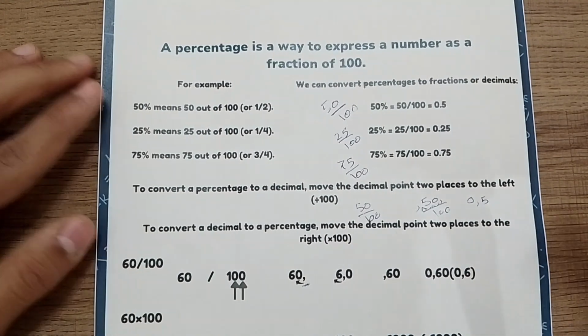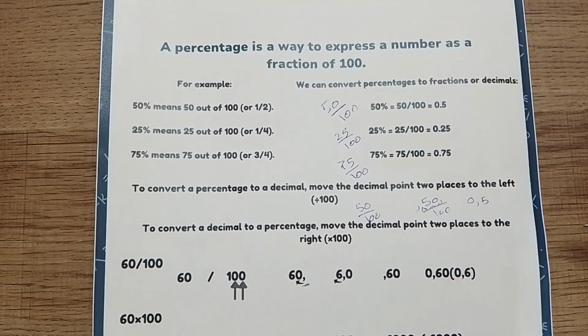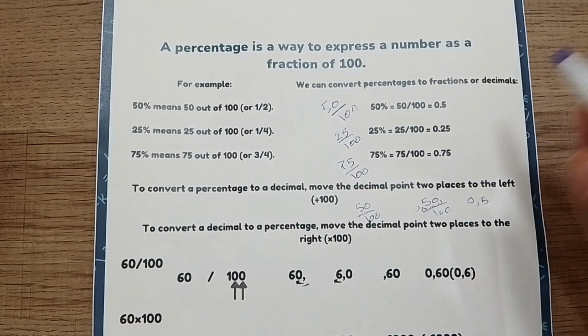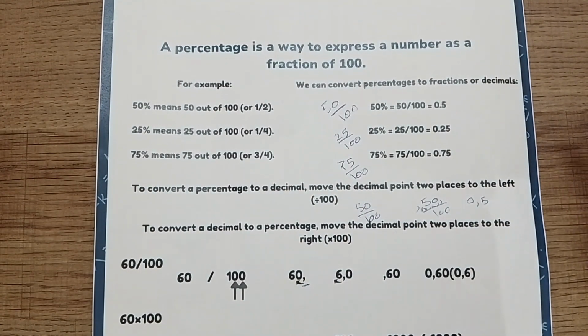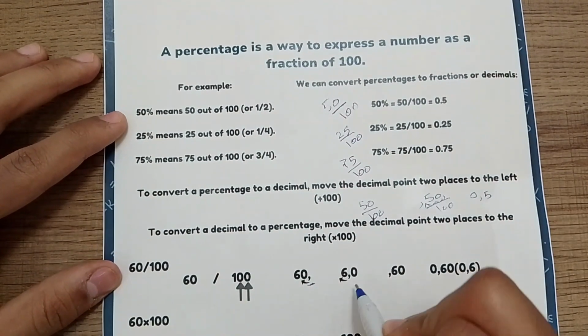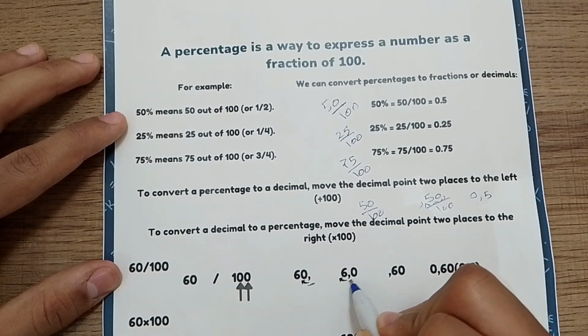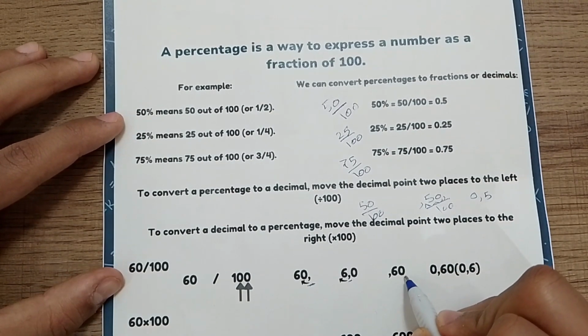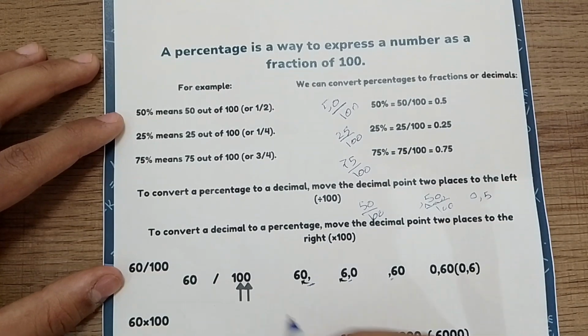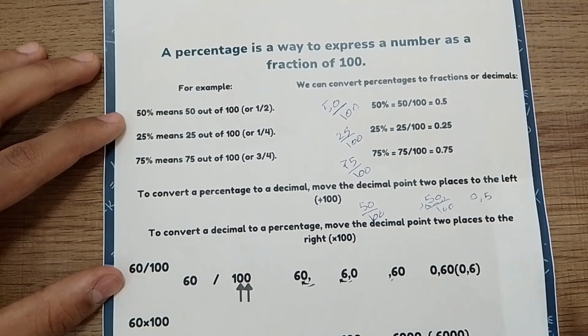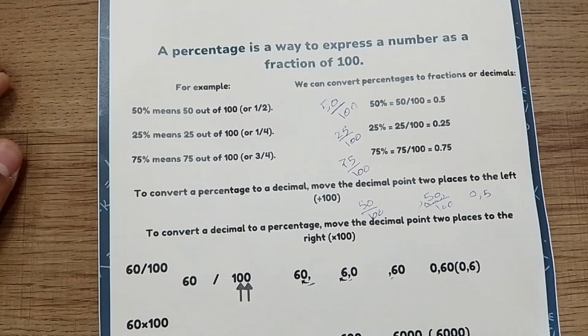As we mentioned, the number of moves depends on the number of zeros. If you divide by 100, we move the point 2 places to the left. So the first move will be here, and the second there. So it will be 0.60 or 0.6. It's the same thing.